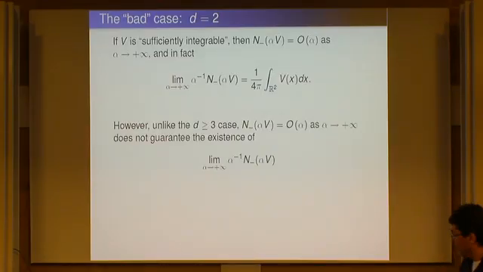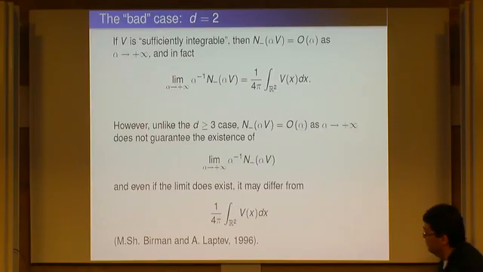In the multidimensional case, you had the asymptotics. In 2D, this is not the case, so you may well have this, but you might not have an asymptotic formula, and even worse than that, you may have a situation where you do have this limit, but it's different from what you expect it to be. So it's a genuinely more complicated case.